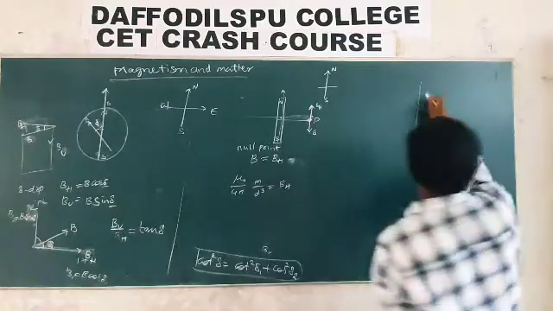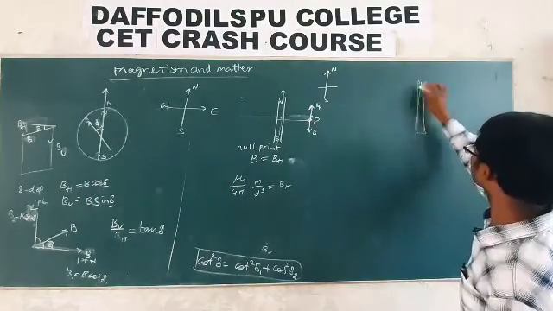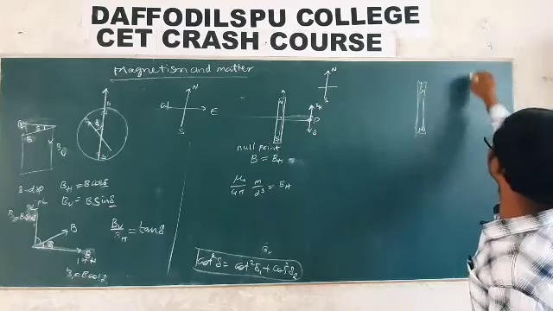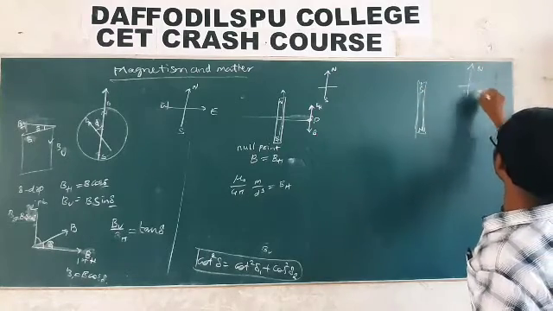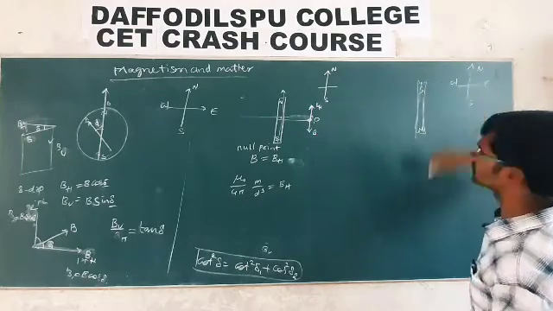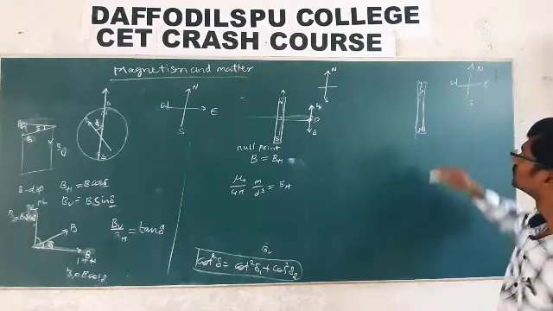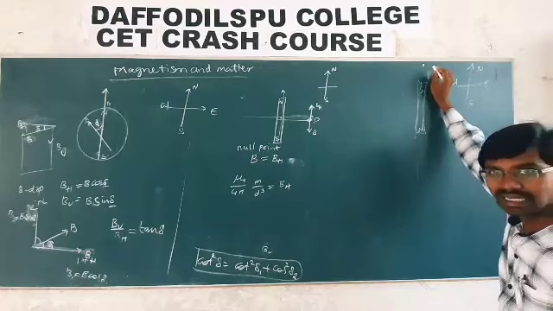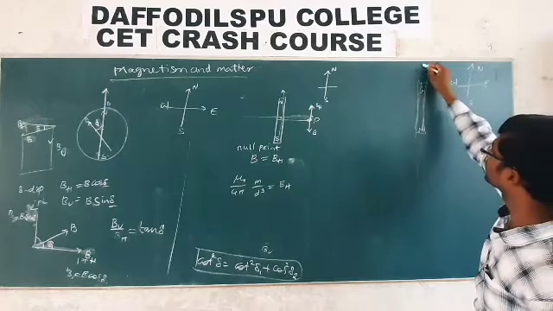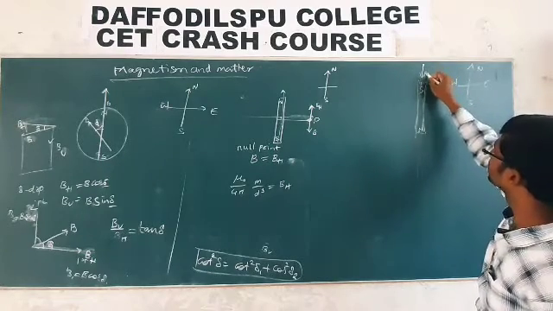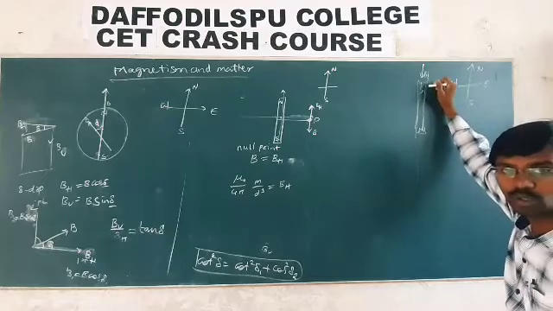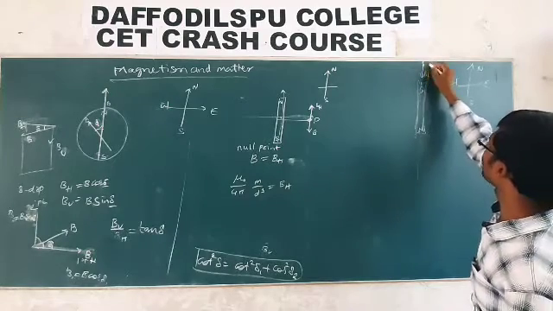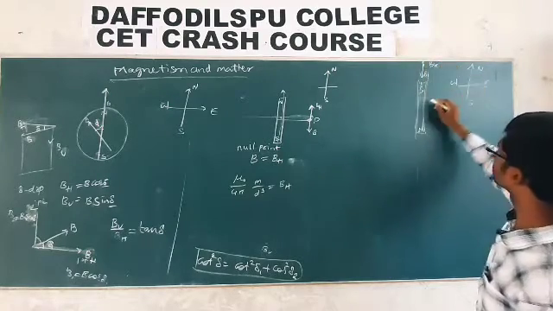Similarly, if the south pole is facing geographic north, with north pole facing south, and east and west on the sides, then we get the resultant magnetic field at a point on the axial line. The magnetic field due to the magnet is from south to north, and BH is also always from south to north.